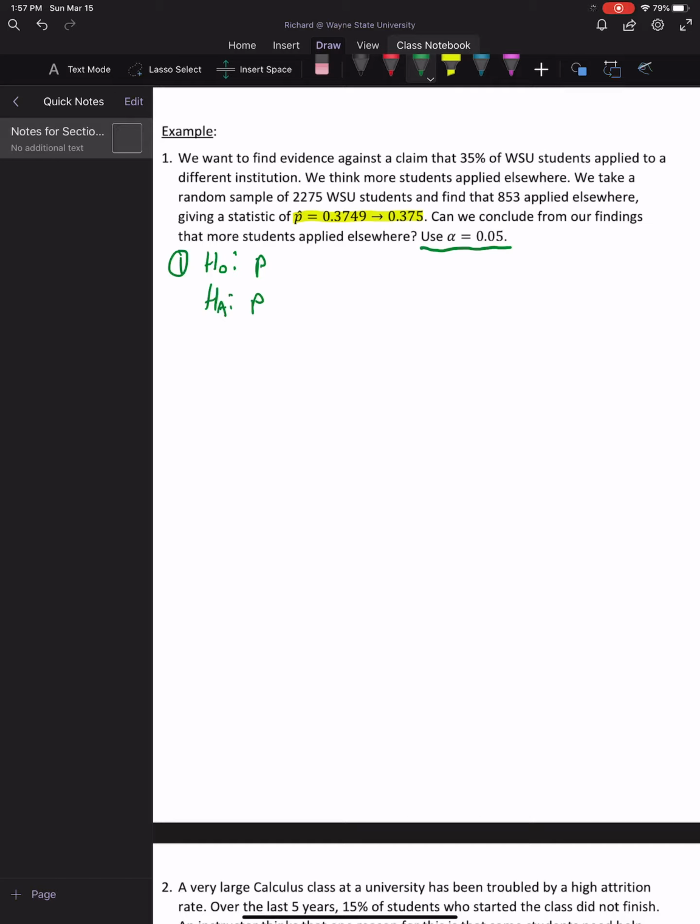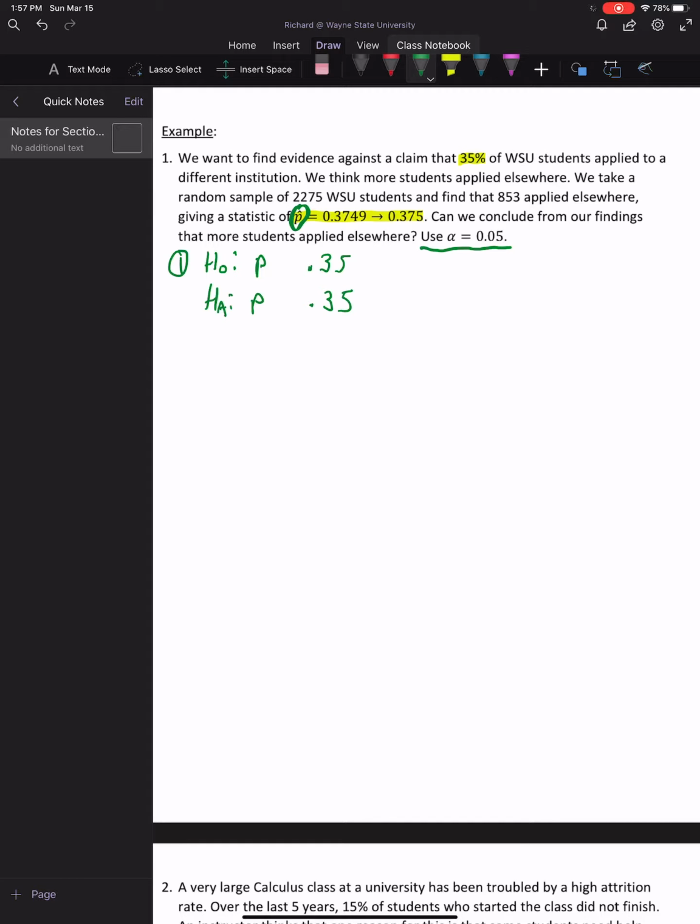Do we use 0.375 in the hypotheses, or do we use the other value that they gave us of 35%? Well, you have to remember that the hypotheses are always statements made about the population, and so very clear that 0.375 is coming from p hat. That is the sample, so that cannot be the number that we list there, so it has to be 0.35.